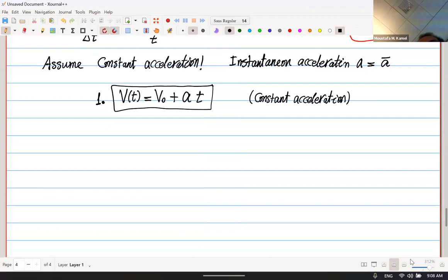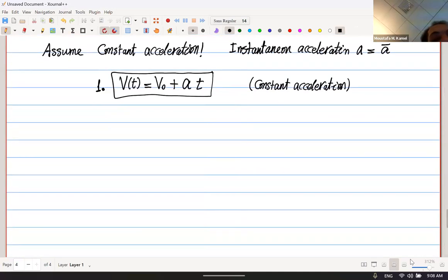Now let's derive the second, very important kinematic equation. The first gives us velocity at any moment of time. We want an equation that gives us the position at any moment of time.